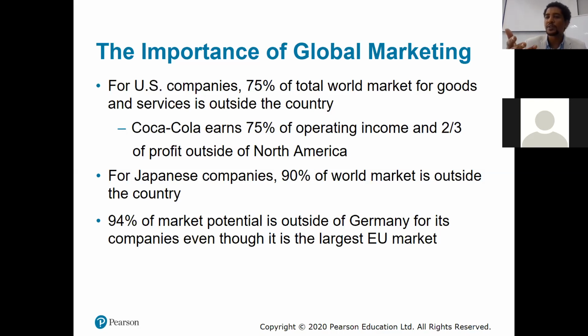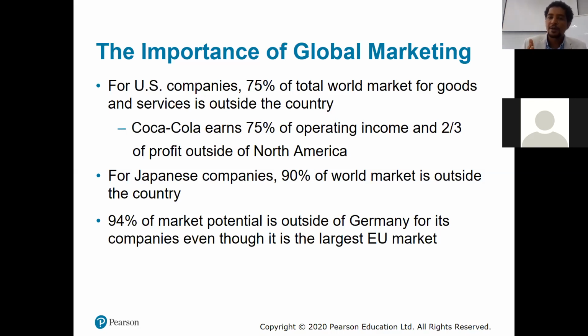So for example, if you take Samsung, everybody in the world has a Samsung TV, right? Samsung TV is everywhere. So the market for Samsung is not only Korea. Maybe the biggest share of the market of Samsung comes from the other parts of the world.